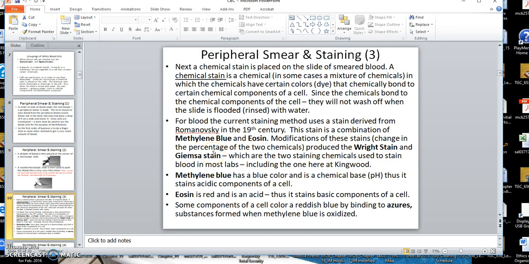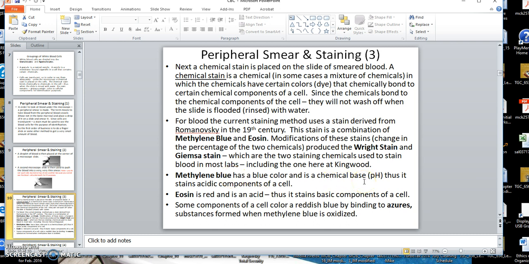In both circumstances, the stains contain two primary chemicals, methylene blue, which is blue in color, and eosin, which is red. Eosin is an acid, so it will attach, chemically bonded, to a base on the slide. Methylene blue is blue, and it's a base, so it would attach to an acid.